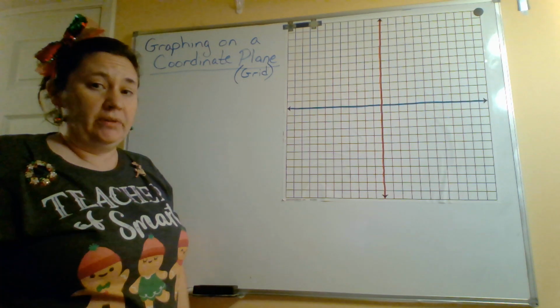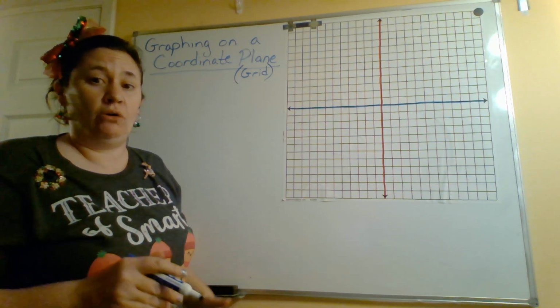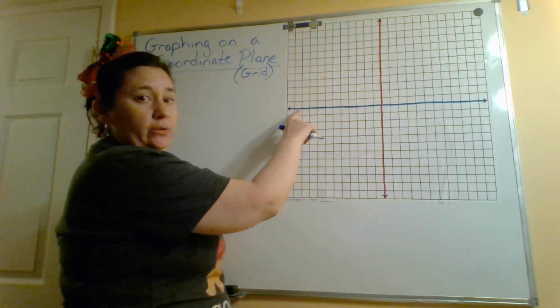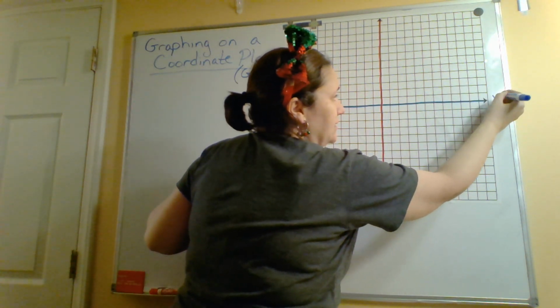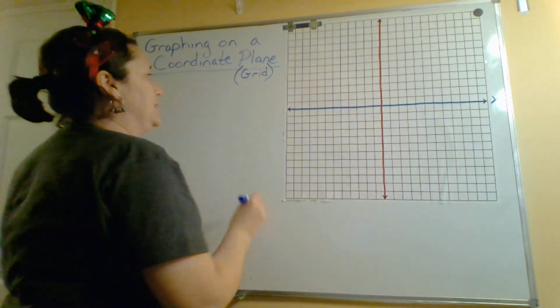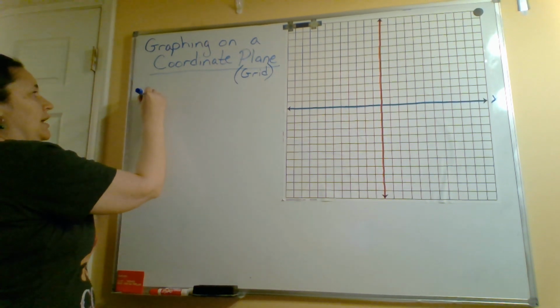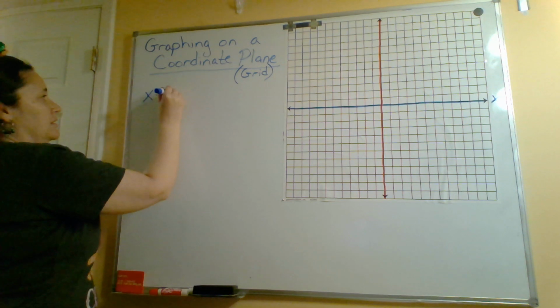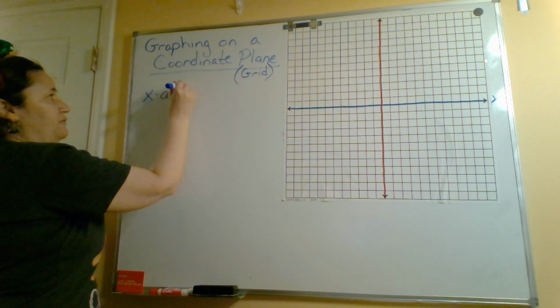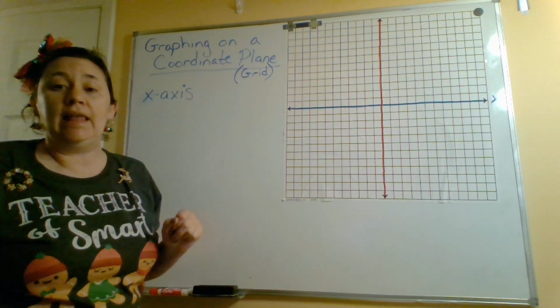On this coordinate plane, we have some lines already. This big blue line that I have in the middle is called the x-axis. I'm going to label it with an X, and over here I'll write it down, x-axis. Axis is a fancy term that means line.